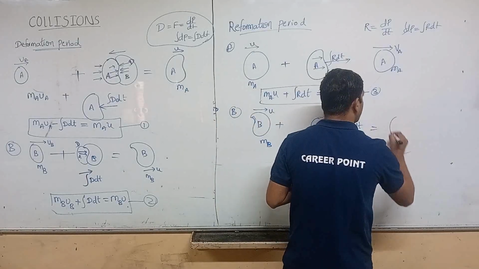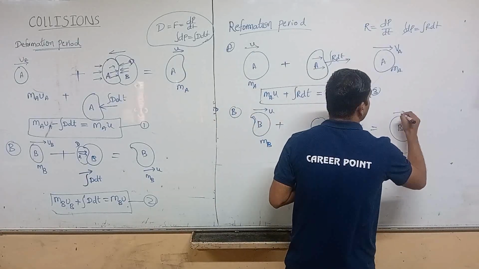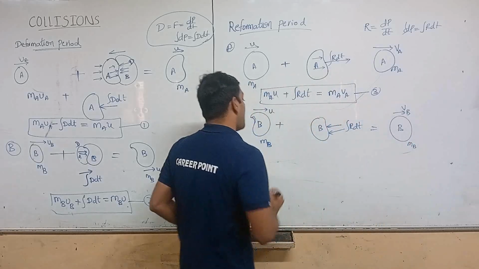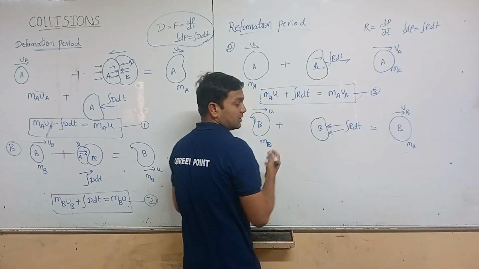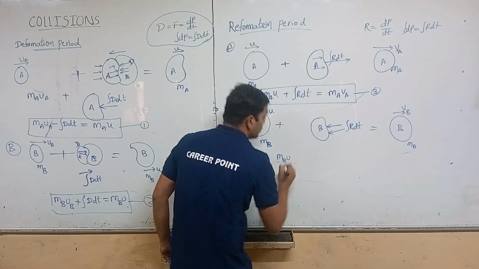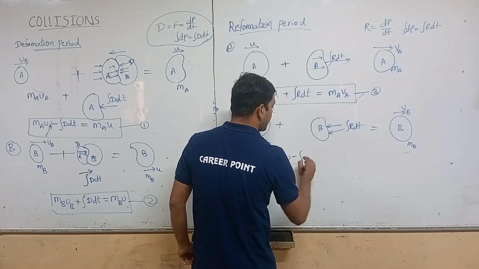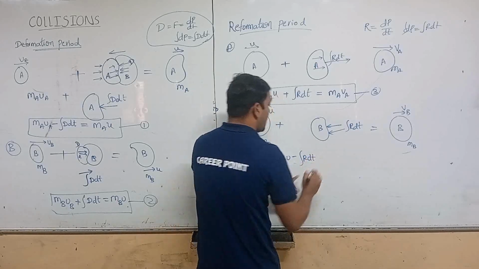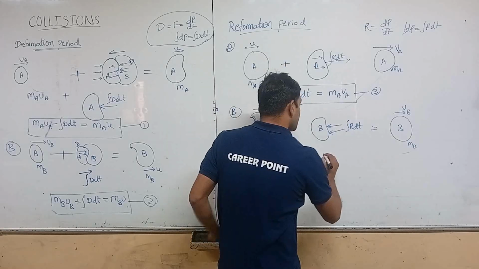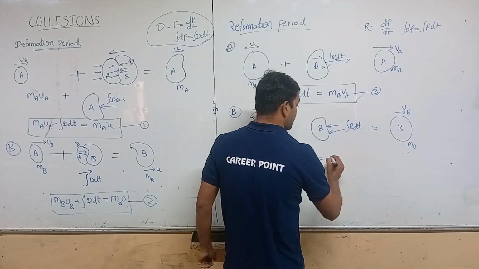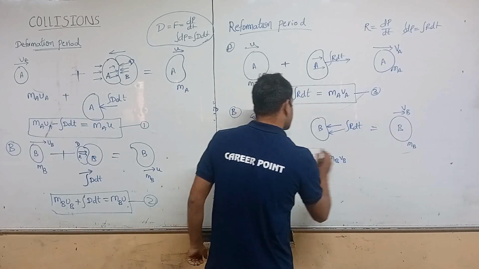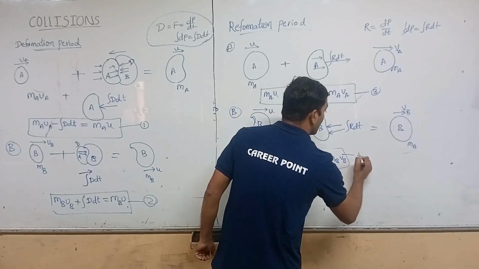The resultant will be B moving with velocity VB and having the mass MB. So the total momentum: MBU minus the integration of R dt, where R is my restoring force or reformation force, equals MBVB. This is my equation number 4.